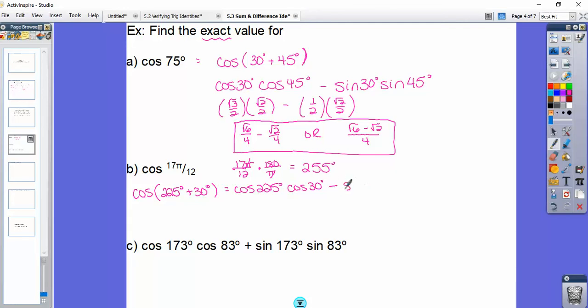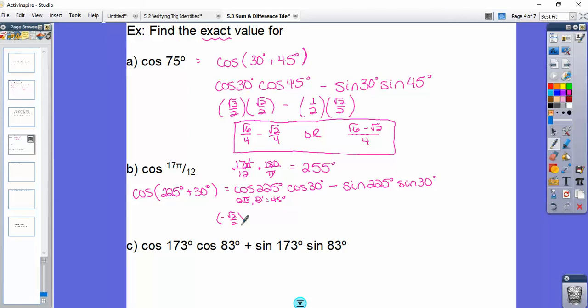Cosine of the second minus sine of the first, sine of the second. Okay, when I'm thinking 225, that's quadrant 3. Reference angle 45. In quadrant 3, cosine is negative.